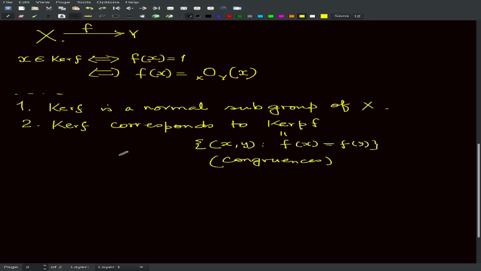Observe that this is a subgroup. Your kernel pair, this is not only a subset, this is a subgroup of x cross x. So a congruence is nothing else but a relation on x which is also a subgroup of x cross x. In x cross x, what's the multiplication?